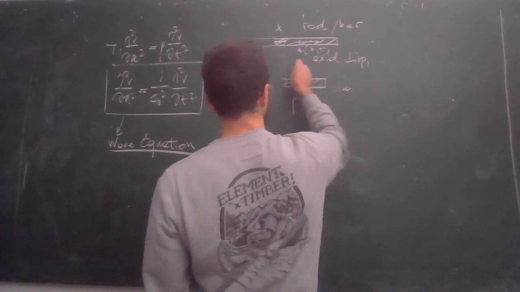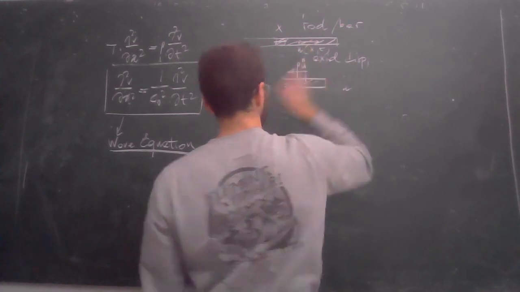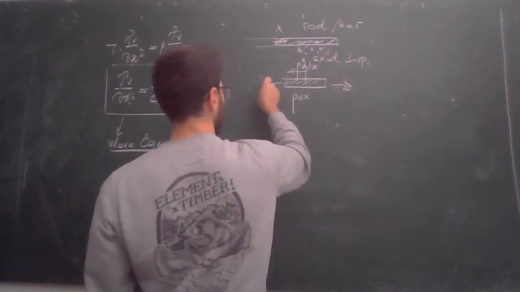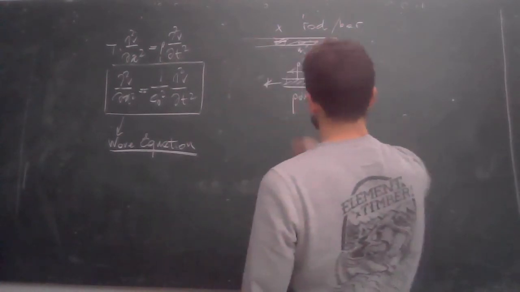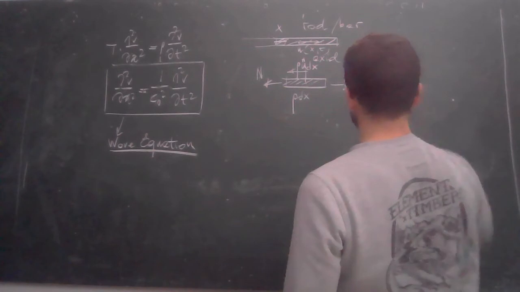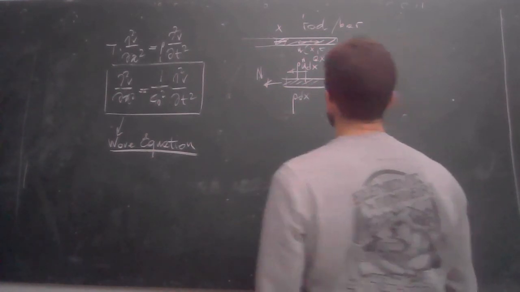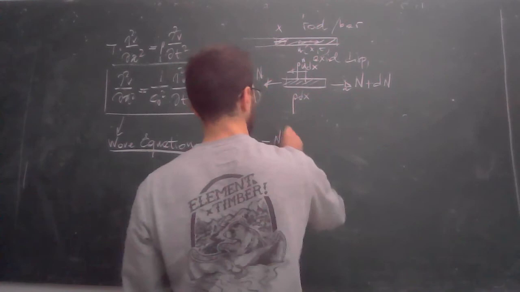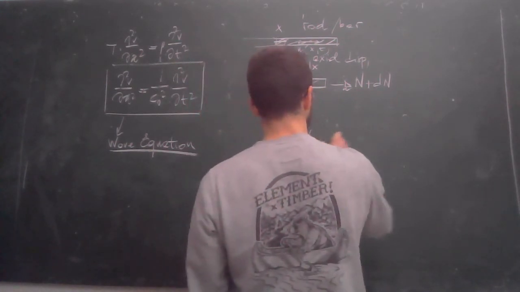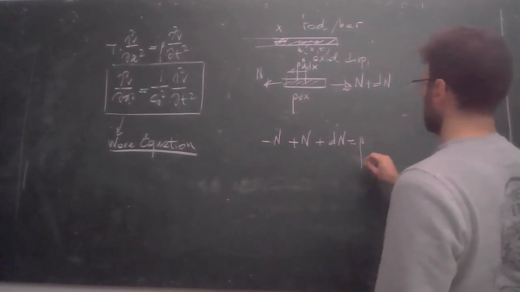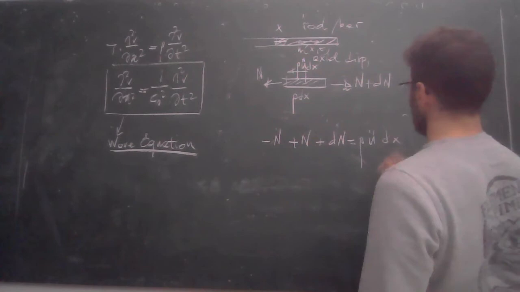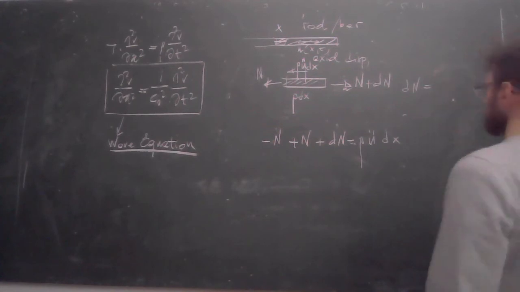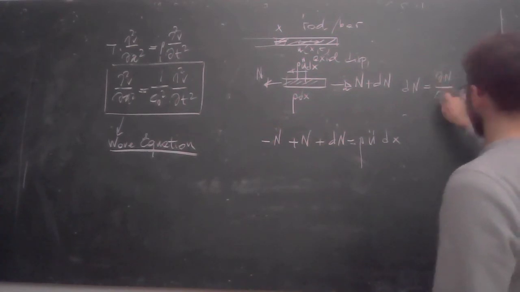The inertial forces are rho times the double derivative of u times dx, and then we have the resultant of the axial force N. So the equilibrium can be written as, but dN can be approximated by dN over dx times dx.